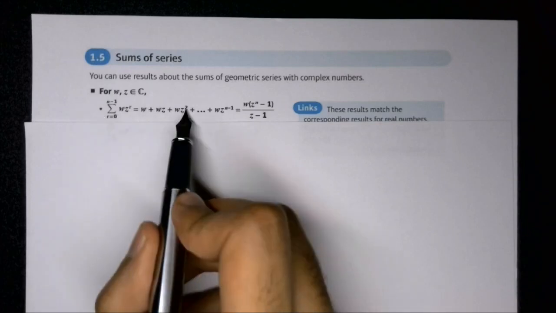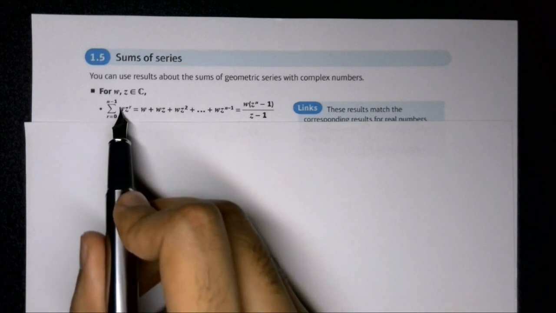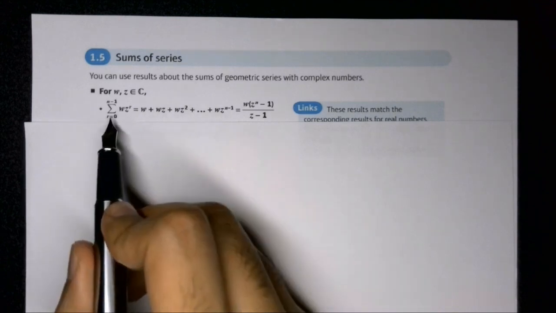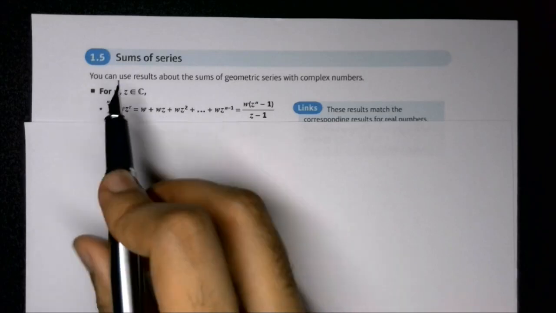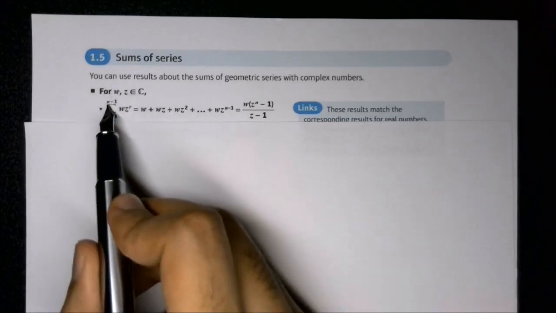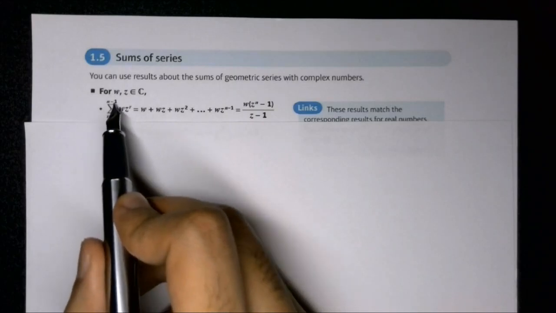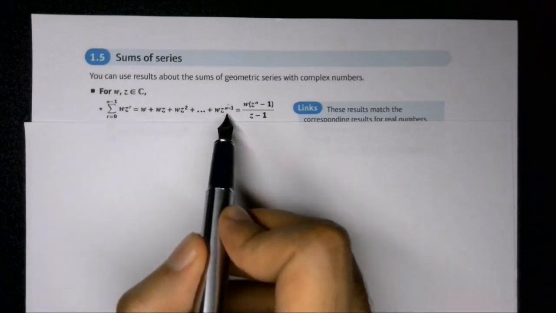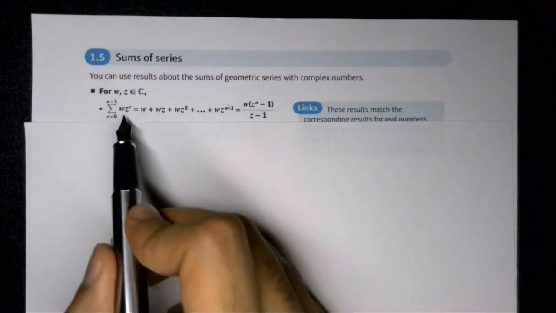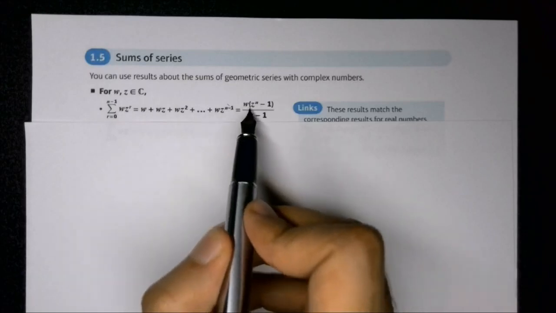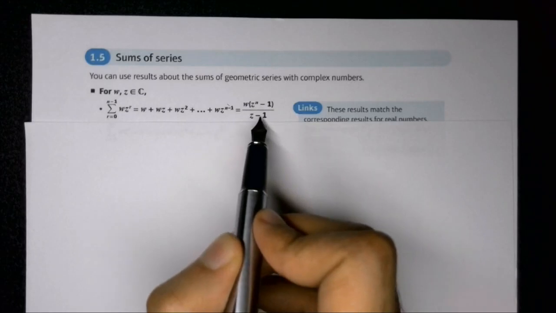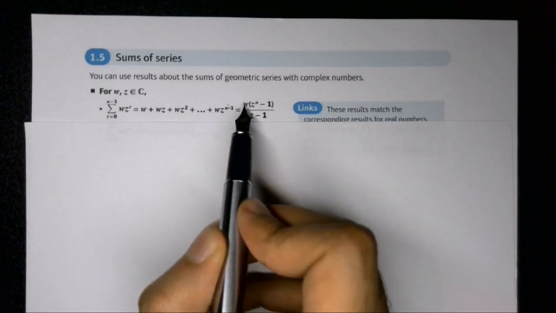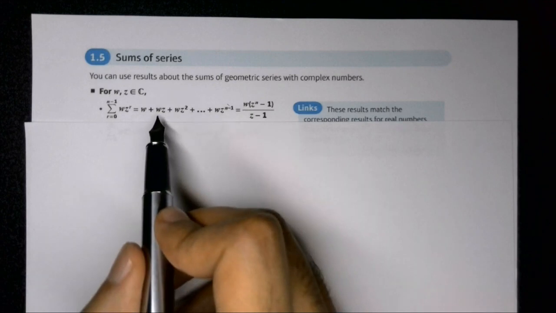When r equals 2, we have wz to the power of 2. When r equals 3, we would have wz cubed, etc. And we continue this up until r equals n minus 1, in which case we have wz to the n minus 1. And if we add all this together, we get w lots of z to the n minus 1 over z minus 1, where w is the first term and the common ratio is z.